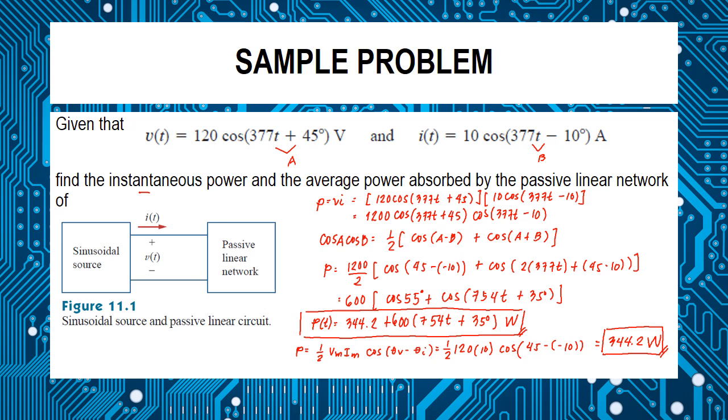Now to solve for the average power, our formula is P is equal to 1/2 Vm Im cosine of theta V minus theta I. So this will be 1/2 times 120 times 10 times cosine of theta V minus theta I, so this will be 377t plus 45 minus 377t minus 10, or simply 45 minus negative 10, which is equal to 344.2 watts.